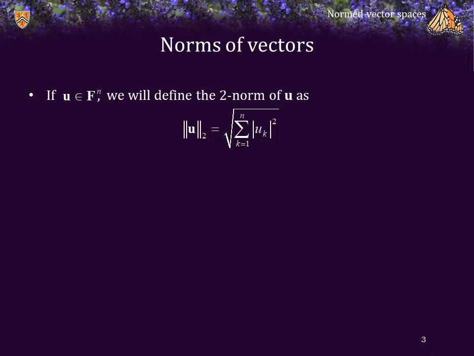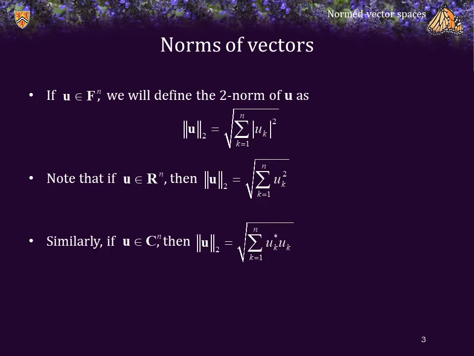The subscript 2 next to the 2 bars indicates that this is the 2 norm. Notice that if u is an element in R to the n, then the 2 norm is simply the square root of the sum of the entries squared. The absolute values are not necessary.